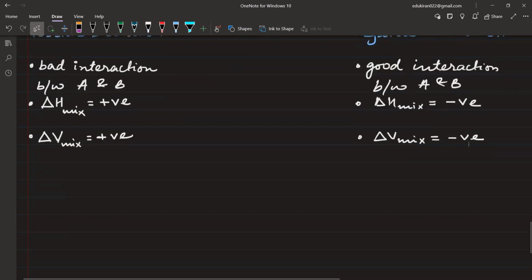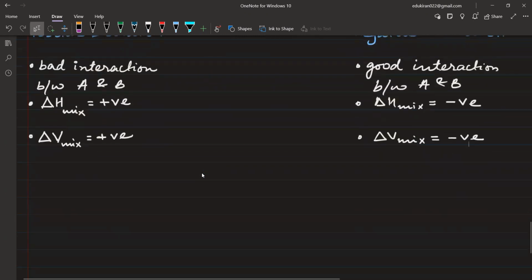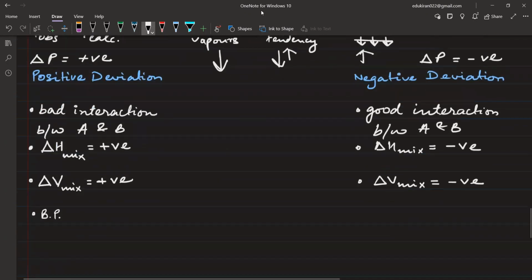Now let me tell you one more thing about this. In positive deviation, what will be the boiling point? See, when you have positive deviation, we already have higher vapor pressure, so it will be easier to reach 1 atm.